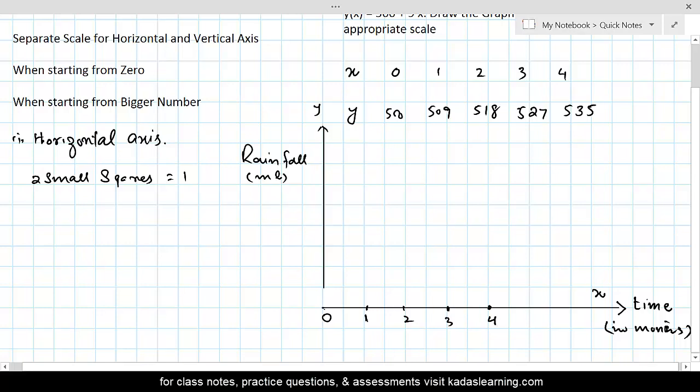If we had smaller space, we certainly would choose this scale, that one small square is equal to 1. If we had more values to plot, again it depends upon the available space.